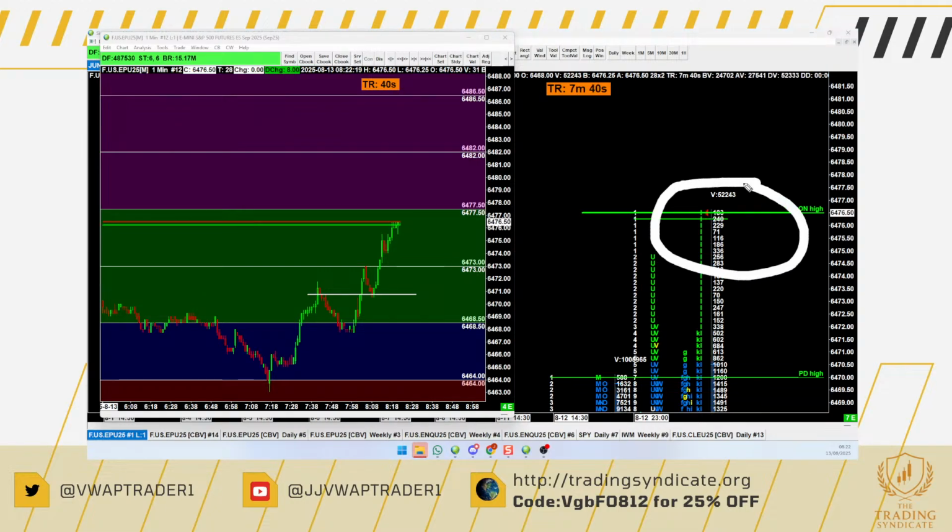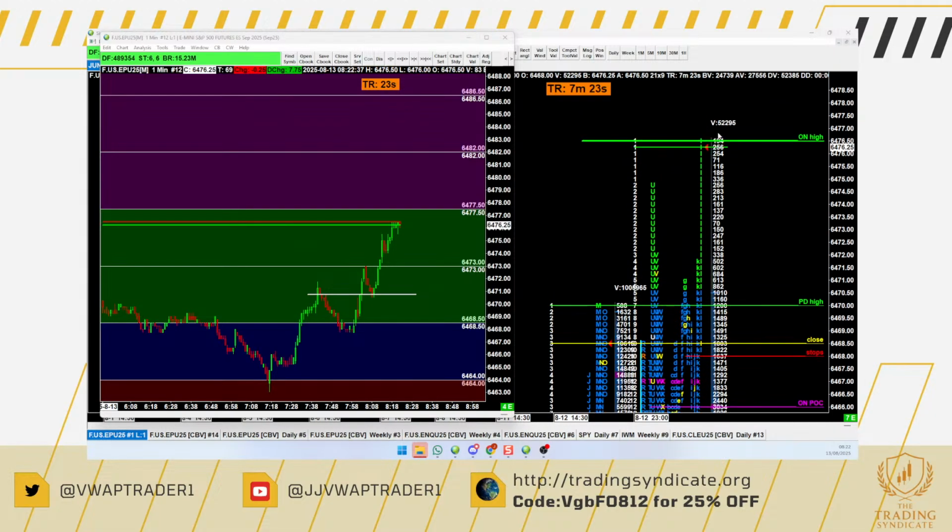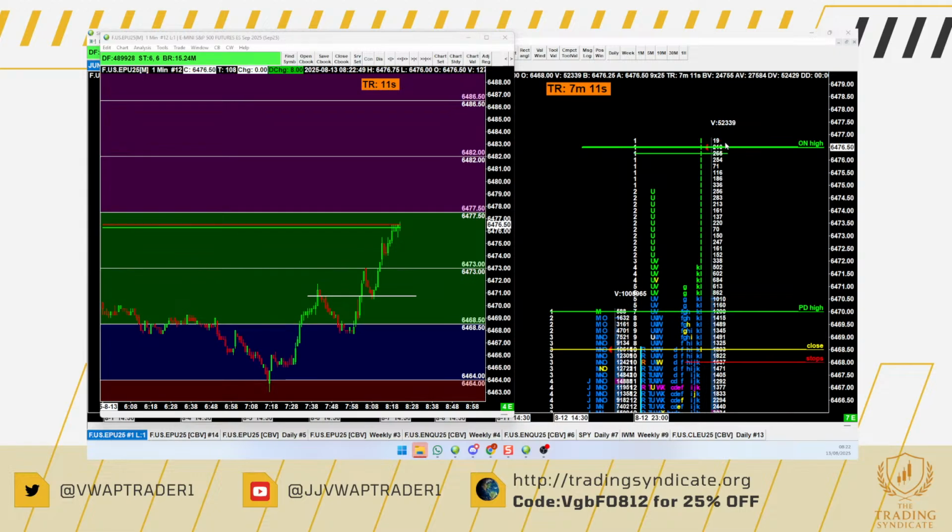If we need to spend time here, John, to unload those 3,000 contracts to move the point of control from down where it was, right? This is the accumulation area, but because it's 3:30 in the morning, can we stay up here long enough to unload 3,000 contracts?